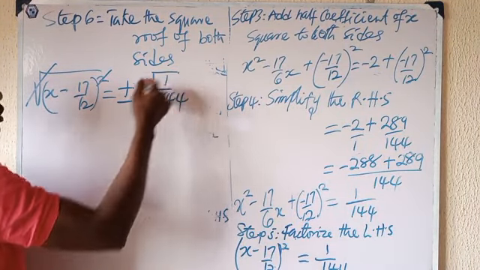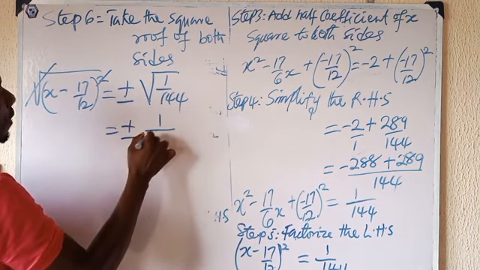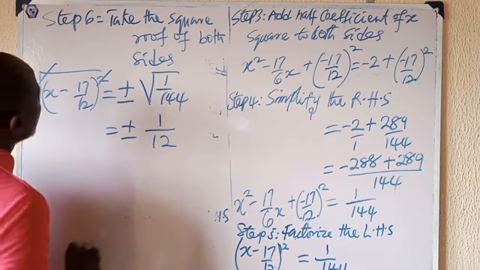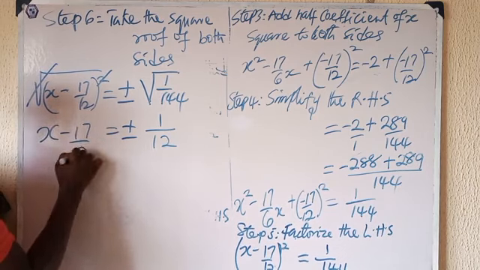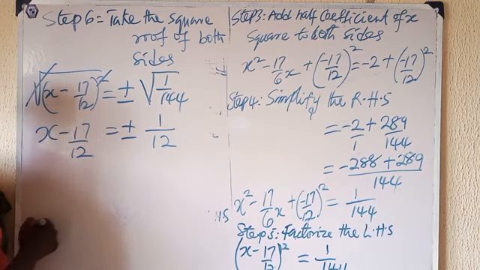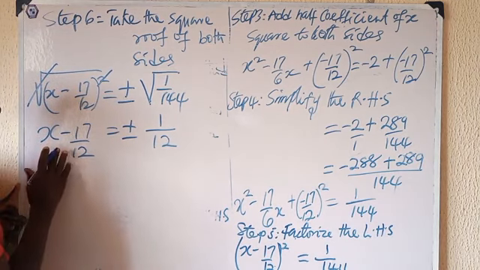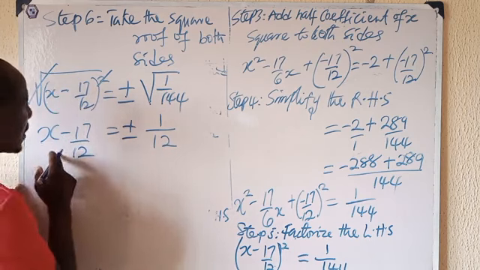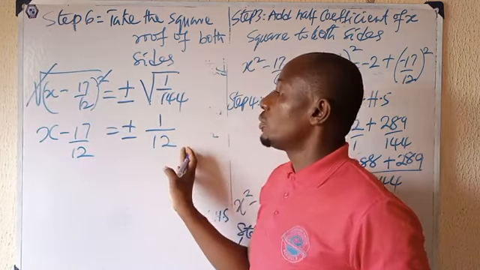And if you take the square root of 1, it will give you 1. Take the square root of 144, it will give you what? 12. So we have x minus 17 over 12 equals plus or minus 1 over 12. Okay? So now we are going to move this number here because we are solving for x. Since we are solving for x, we are going to move minus 17 over 12 to the right hand side.